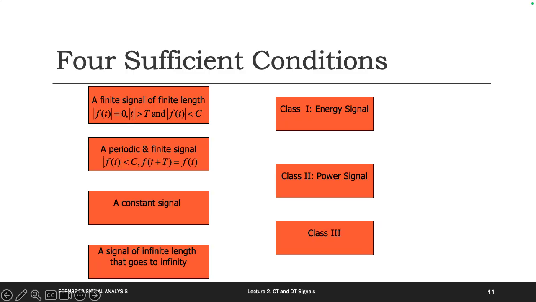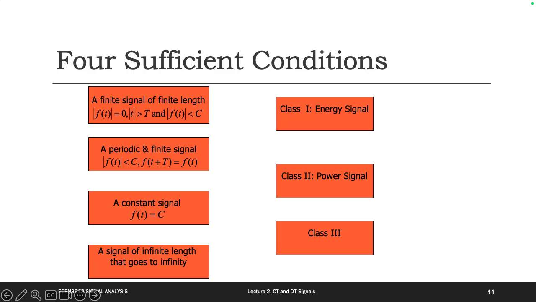The second is a periodic finite signal, which means your signal is periodic and finite. The third one is a constant signal, and your signal is a constant.